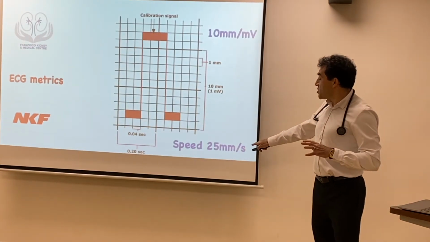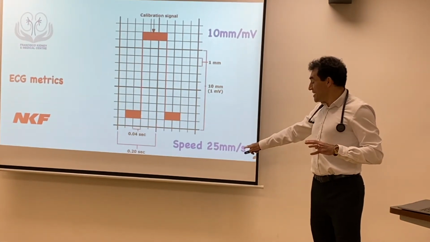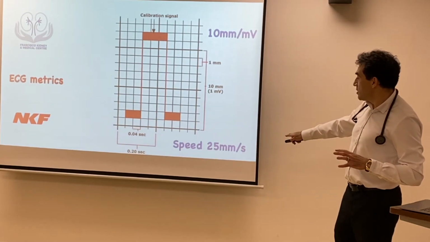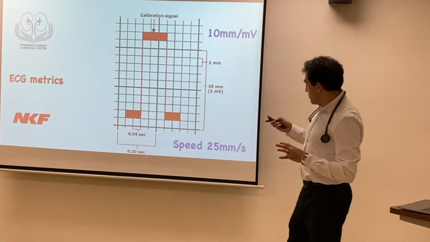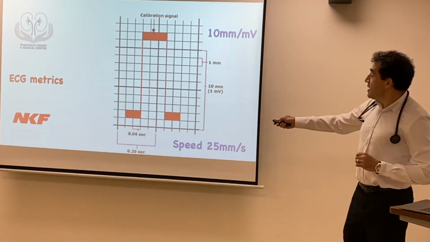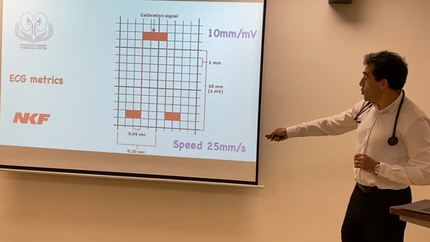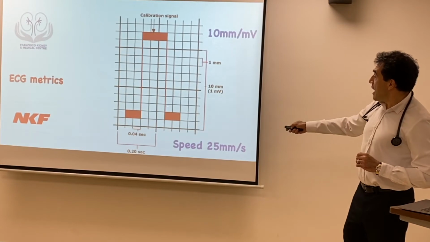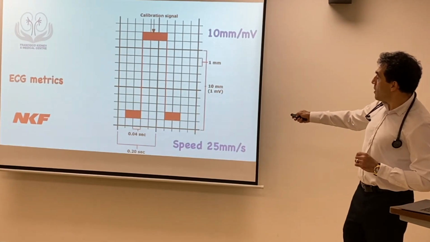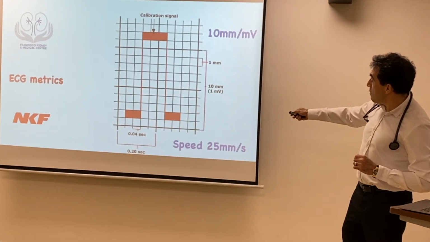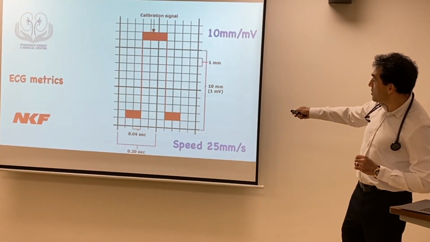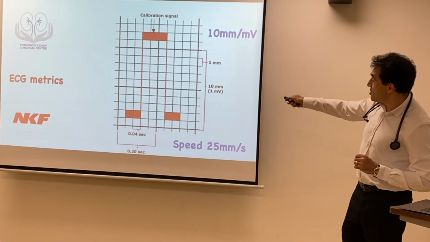Remember that the conventional speed of the trace is 25 millimeters per second, and one large square is 0.2 seconds, and normally the ECG is calibrated at 1 millivolt per 10 millimeters, meaning 2 large squares.